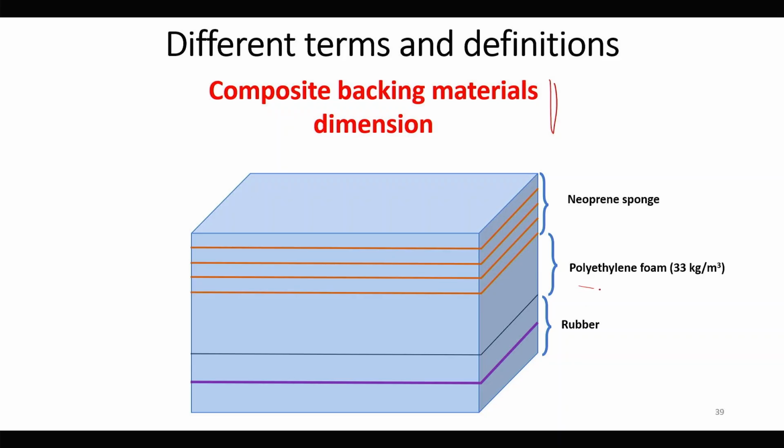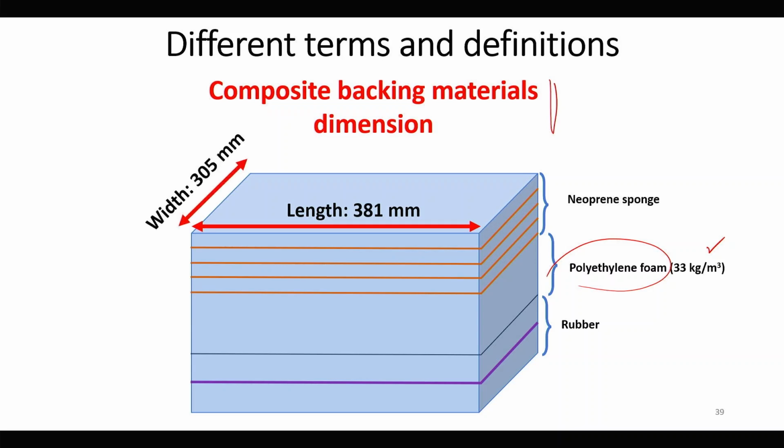Polyethylene foam, its density is standard, 33 kg per cubic meter foam is used, then rubber. Length is specified as 381 millimeter and width is 305 millimeter.